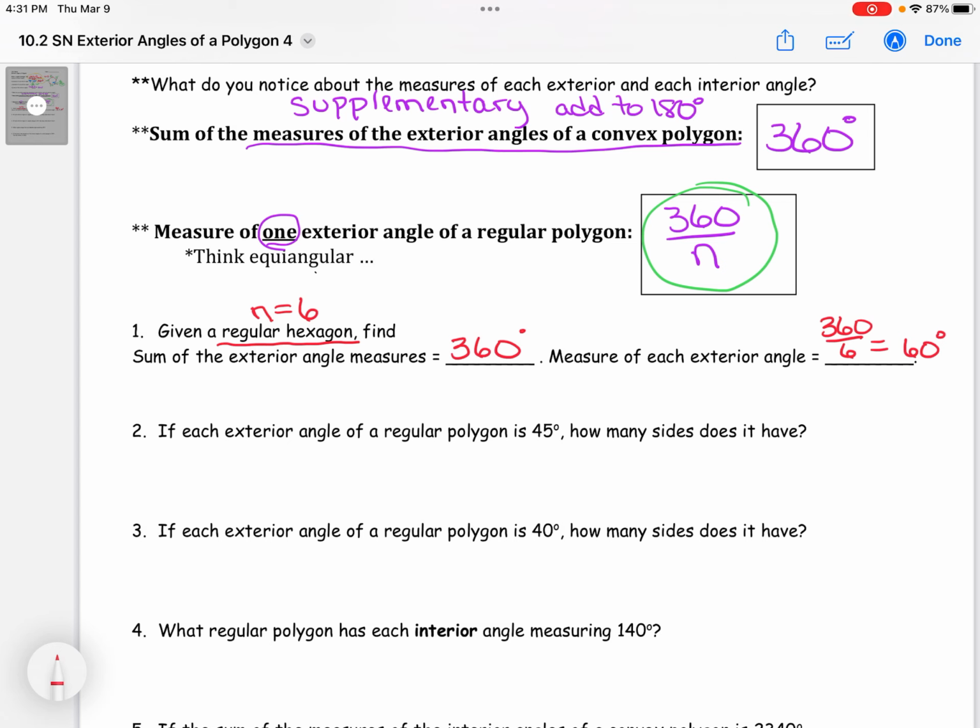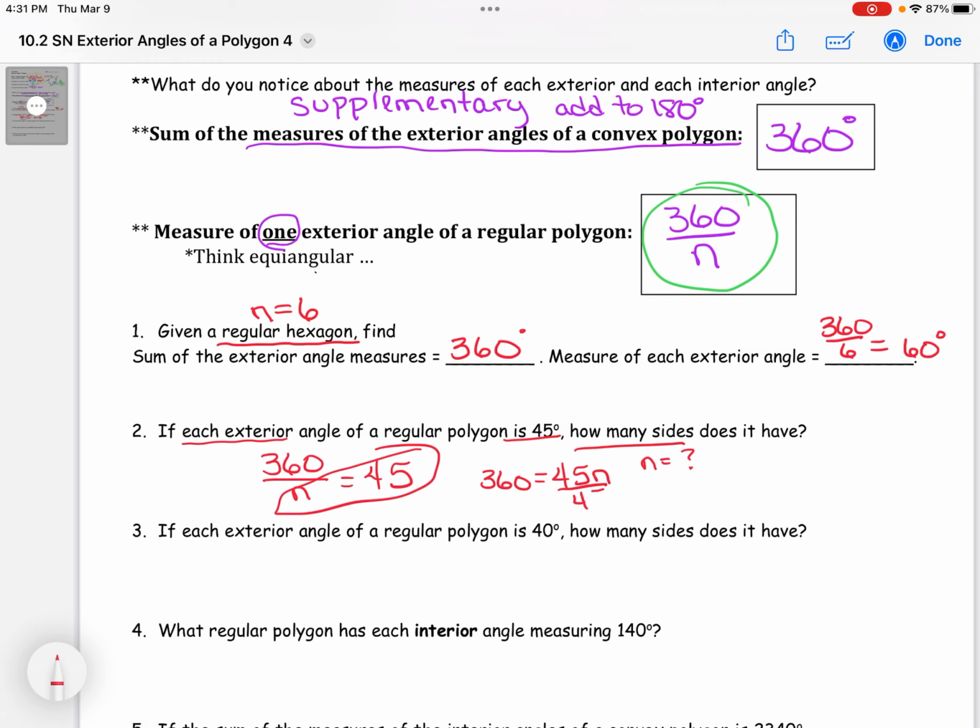Okay, now let's work backwards. The exterior angle is 45. We want to know how many sides. So n, we don't know. So we have 360 divided by n equals 45. And when we did our trigonometry, we cross multiplied, so we had 360 equals 45n.